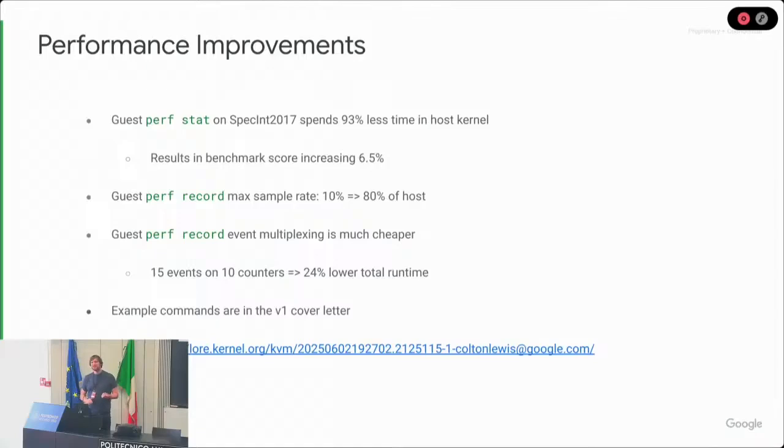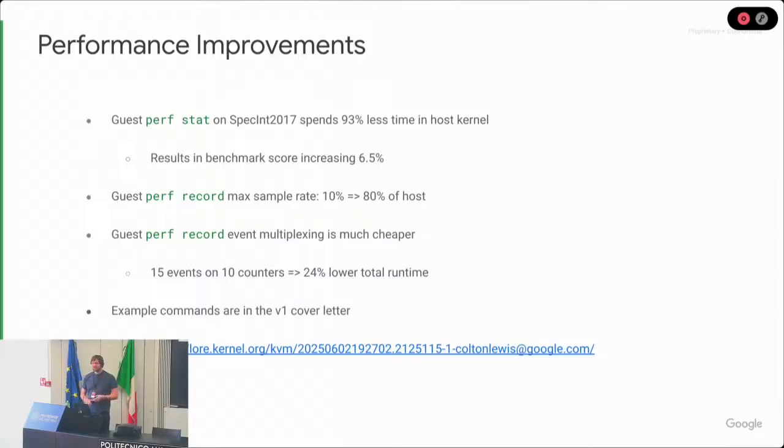Perf record also handles multiplexing much better. Multiplexing being when you have more events than counters, so you have to switch the events in and out of all the counters. As one example of a test, I did 15 events on 10 counters.